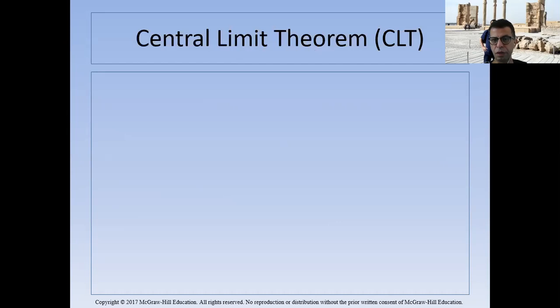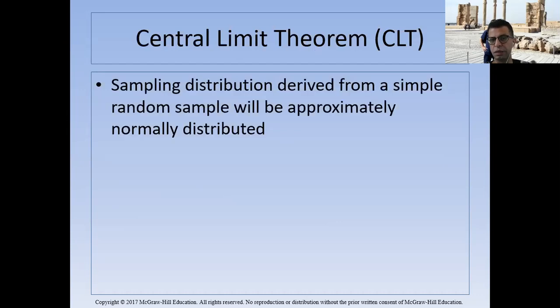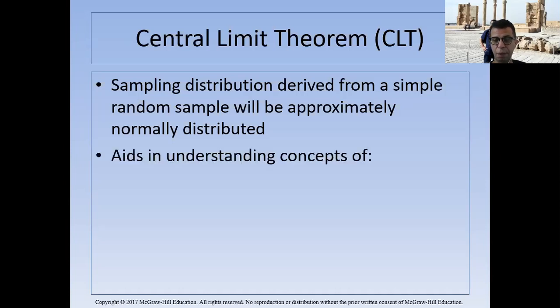Now, the theory that is driving this is called CLT, or central limit theorem. The sampling distribution derived from a simple random sample will be approximately normally distributed. If there are 100 people, each one of them should have a 1% chance of being selected, and this is a perfect sampling.